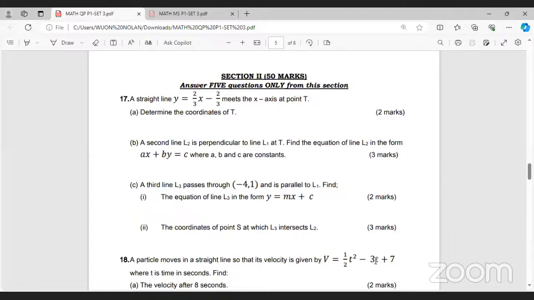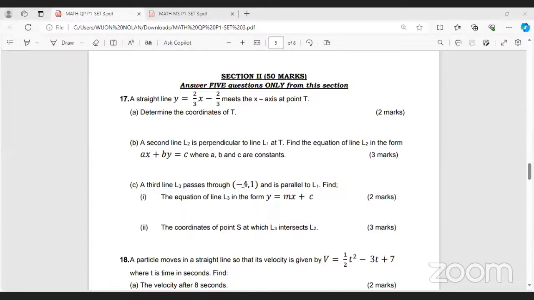Anyone who is ready? Abedi? Yes, sir. Question 17, read through.